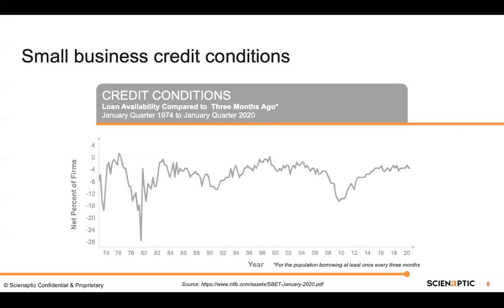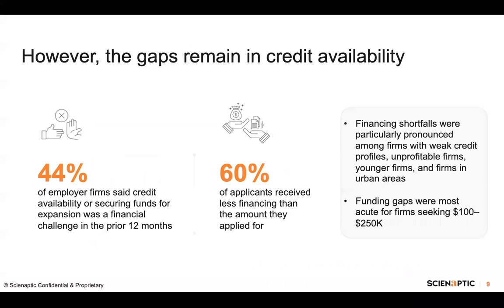If we dig deeper into the details of what is available or not, there are surveys published by BCBS wherein 44% of employer firms say that the credit availability or securing funds was the critical challenge for them in the last 12 months.